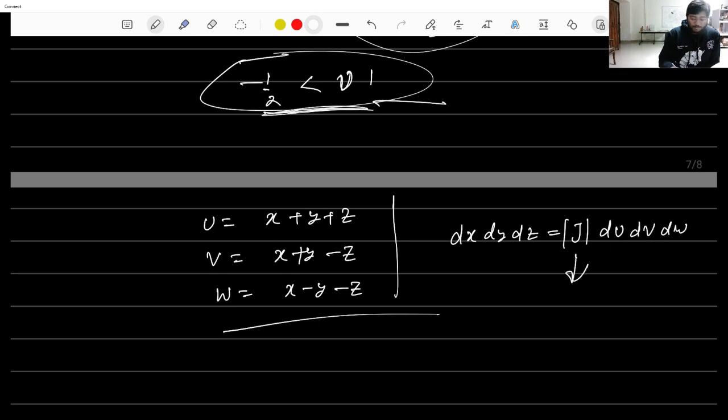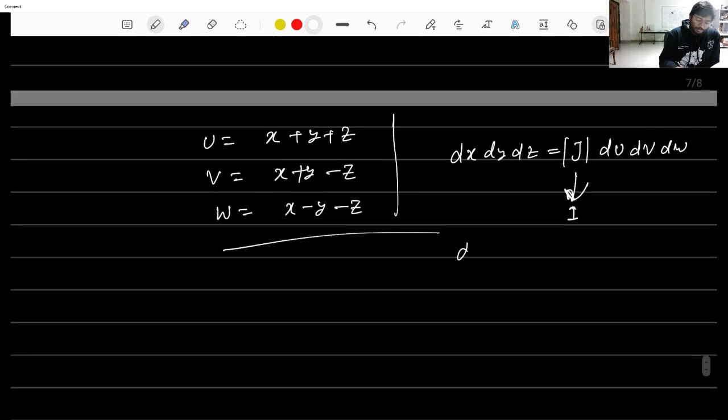So from taking the determinant and modulus of the Jacobian matrix, you get that this value comes out to be 1. So dx dy dz is equal to du dv dw.